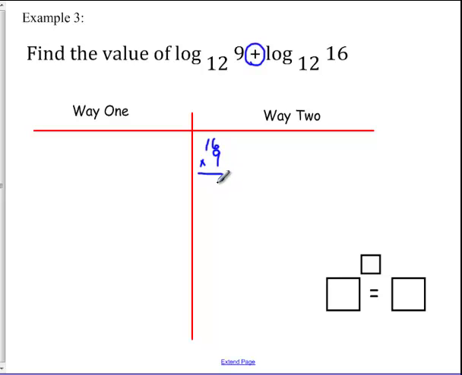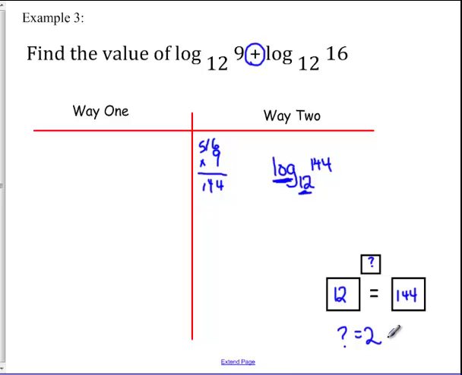So that is 54, carry the 5, 144. So this is saying the log of base 12 that gets me 144. So what is the exponent of 12? So 12 is my base. What is my exponent that gets me 144? All right, that wasn't that bad. That's 2.